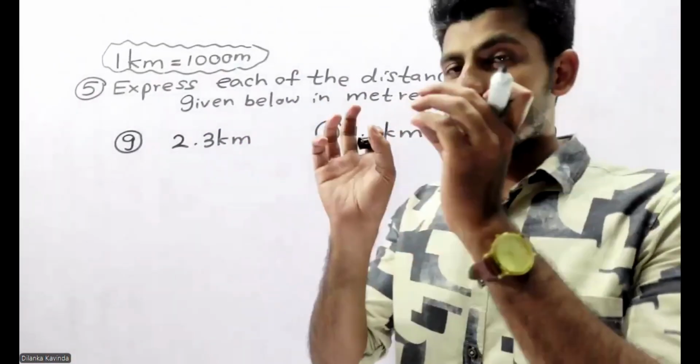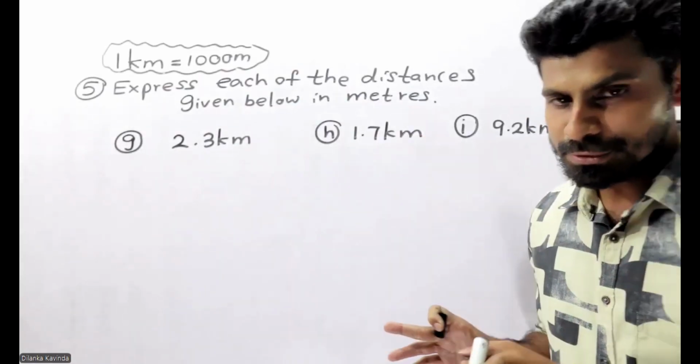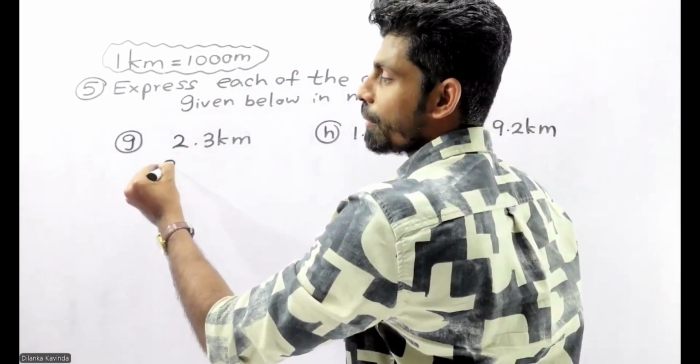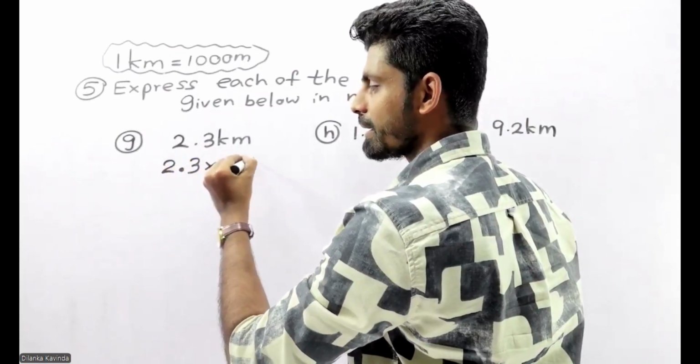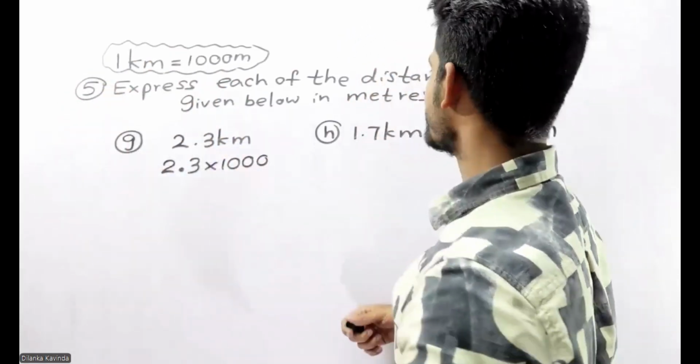G, H, I. So we are taking decimal values. 2.3 kilometers means 2.3 multiplied by 1,000. Kilometers you need to convert to meters.